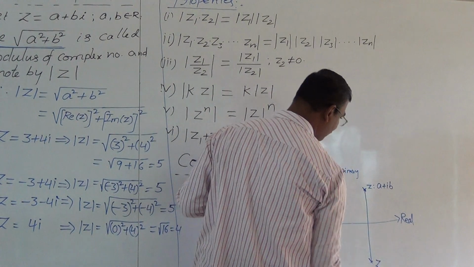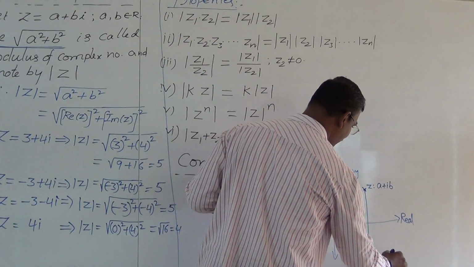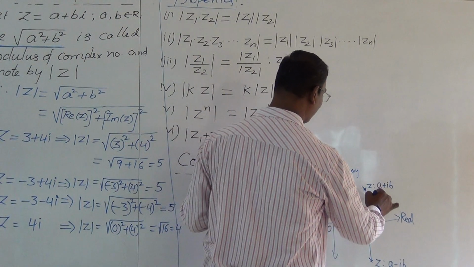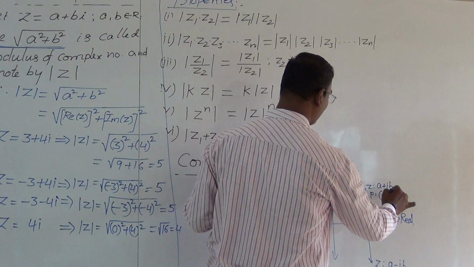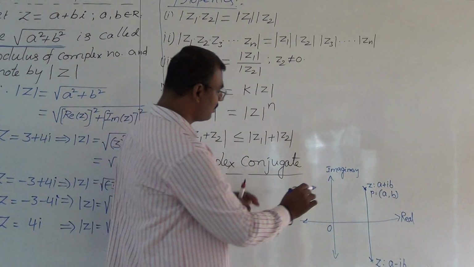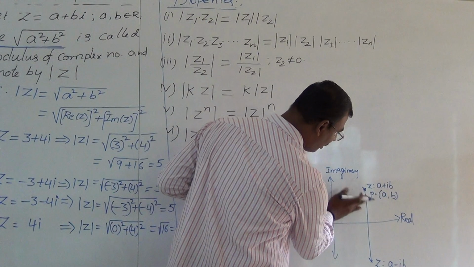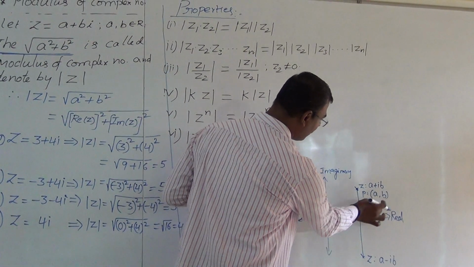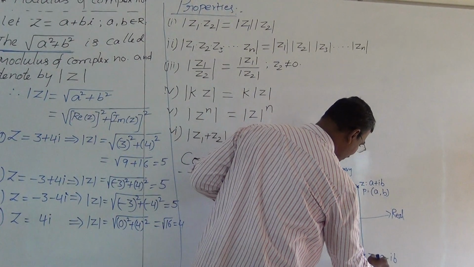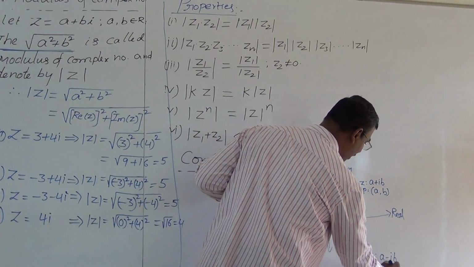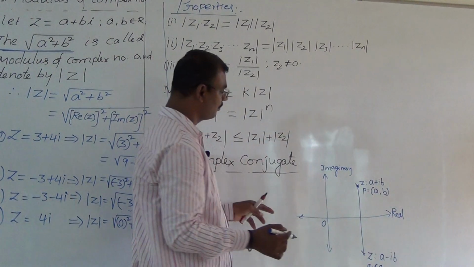In point form, we can represent it in the complex plane as the ordered pair a comma b. The reflected point lies in the fourth quadrant, so the imaginary part is negative. We can write it as Q, a comma minus b.